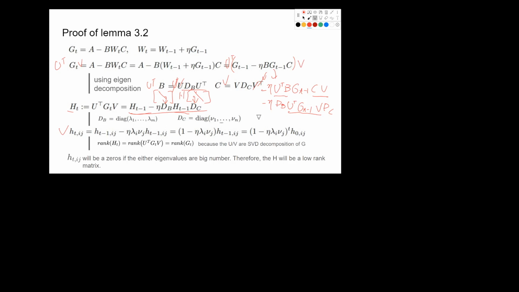For others, they are all zeros. So for each i and j we can get one item here. So it will become this one, that's the lambda_i and the v_j and the H_t minus 1, according to this formula.